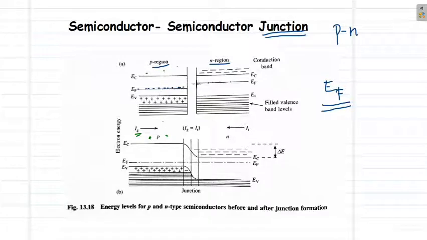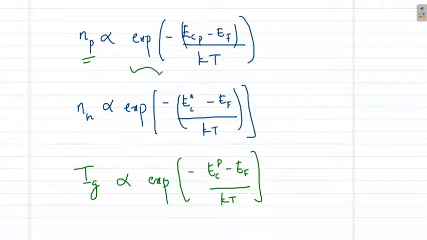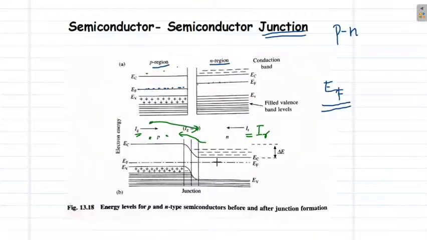Similarly, there is a current due to the motion of electrons from the N region to the P region, which we call IR, and let us calculate that current. In the case of electrons moving from P to N, Ig is simply proportional to NP. But in the case of electrons moving from the N side to the P side, they have to overcome a potential barrier, or move uphill along increasing energy.